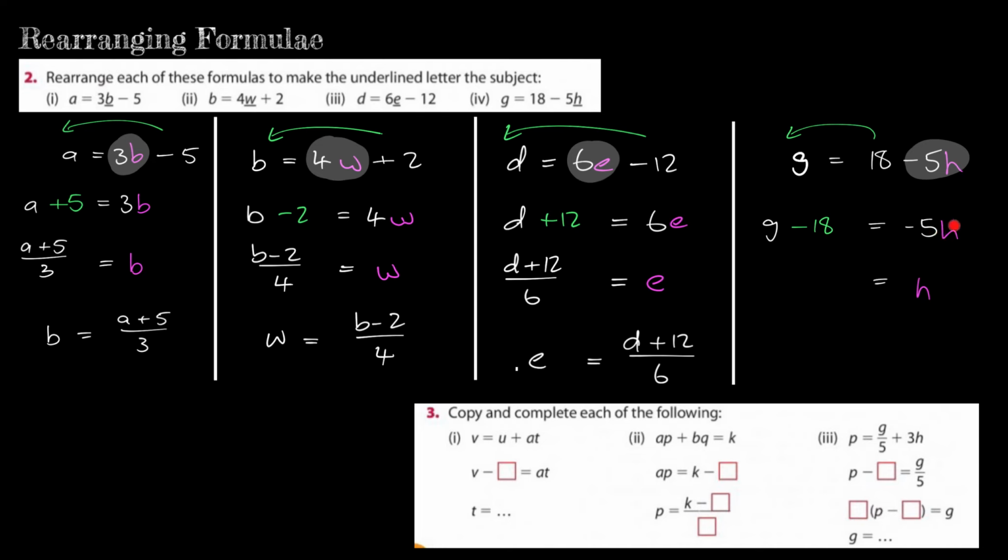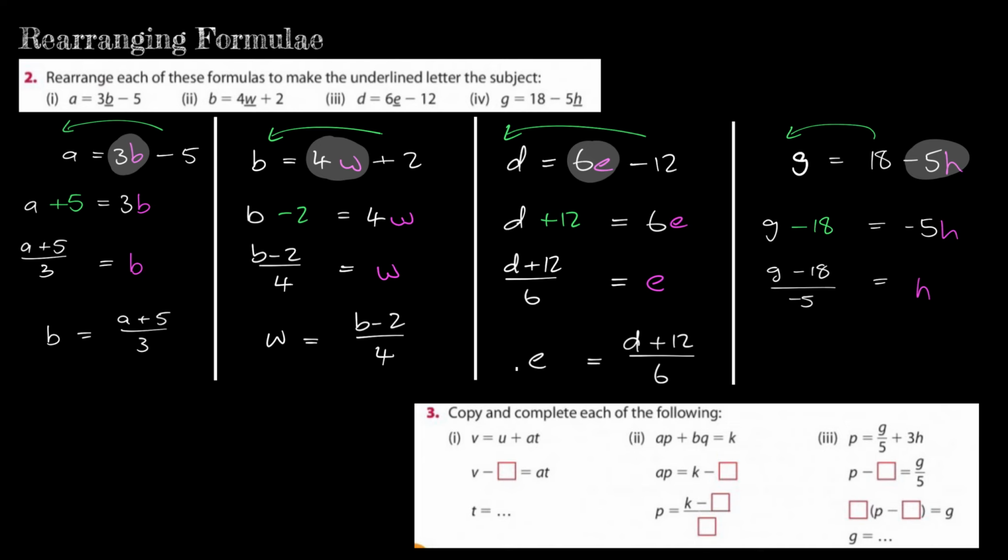So if I divide there by negative 5, that's fine, but I have to do the same to the other side. So if I divide this side here, minus 18, all divided by negative 5, that would be correct. But typically what we do is we try to keep our denominators, our fractions, as positive. And you'll get used to this the more advanced you get with algebra.